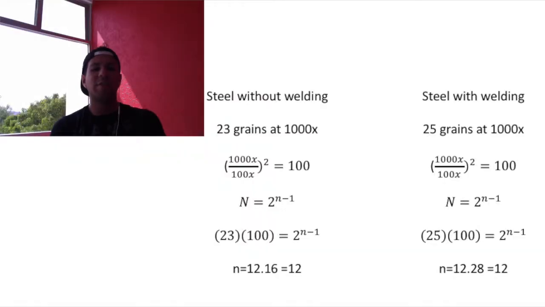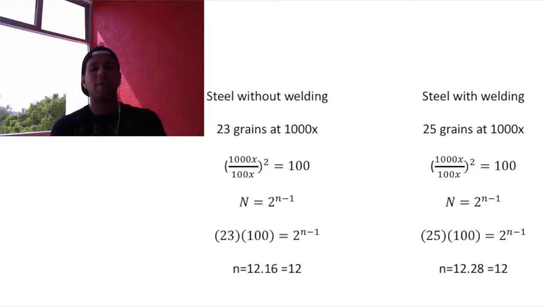In our samples, we used the metallographic microscope. We can observe the image of seamless steel and welded steel. For the first case, we counted a total of 23 grains, and for the second, a total of 25 grains. The first step to calculate the grain size is to adjust the scale to 100. Then we use the formula N equals 2 to the n minus 1.